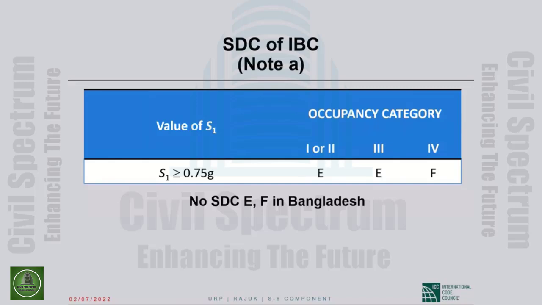Okay, so in Bangladesh, you do not have design categories E or F because you do not have large faults capable of generating earthquake ground motion of 75% or larger. Okay. So there is no design category A, there is no design category E or F, so your design categories are B, C, and D, just so that you know.